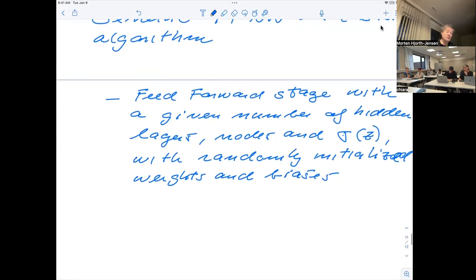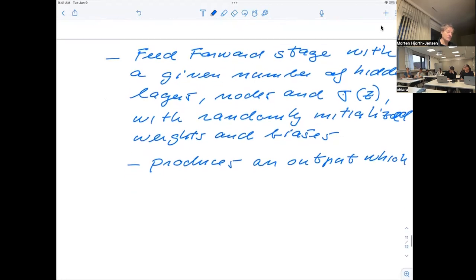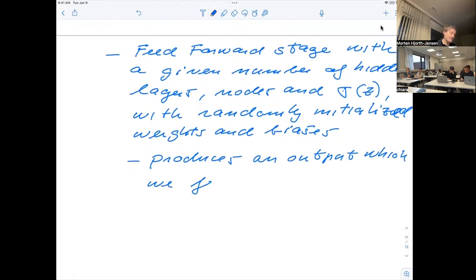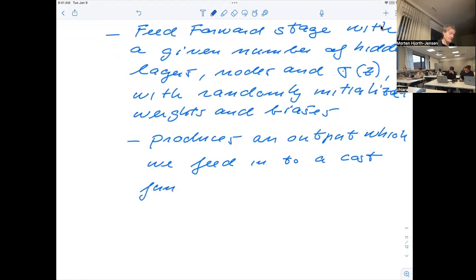Then this feed-forward stage produces an output when we reach the output layer, which we would feed into a cost function and compare with targets, which are our data we want to compare with.